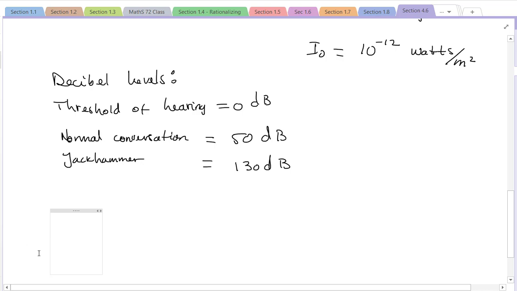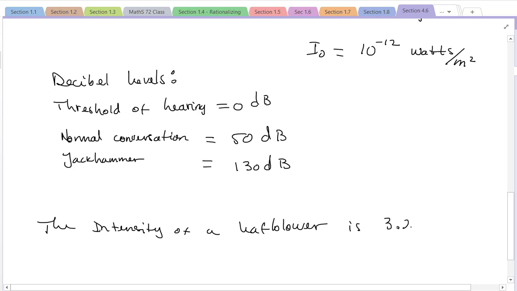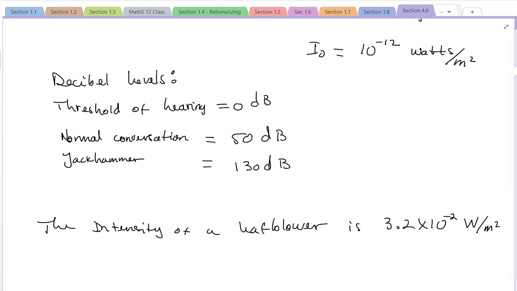The intensity of a leaf blower is 3.2 times 10 to the negative 2 watts per meter square. And notice how this is a type of unit that may seem intimidating to work with. You're using scientific notation, so it may seem intimidating.